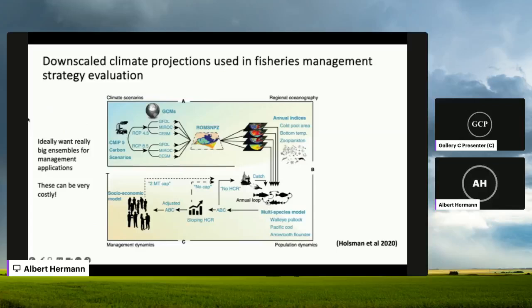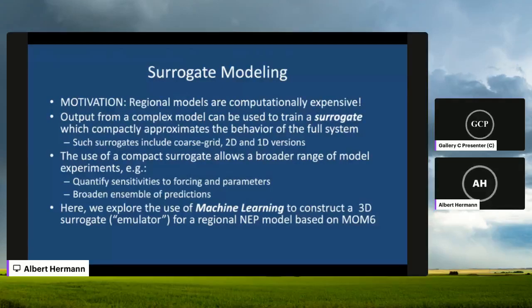The thing marked ROMS NPZ, that's the really expensive part of this whole process. It can be very expensive to do that regional downscaling. You have to use much denser grids, much finer time steps than the global models. So that can be the real sticking point. If you could develop a compact surrogate, which does most of what the dynamically downscaling model does, you'd be ahead of the game.